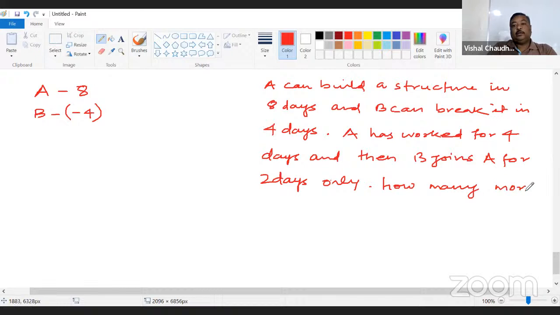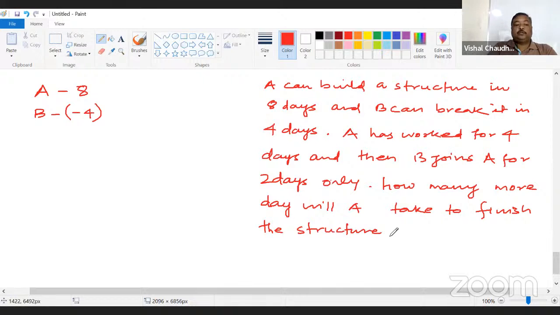How many more days will A take to finish the structure? This is your question.